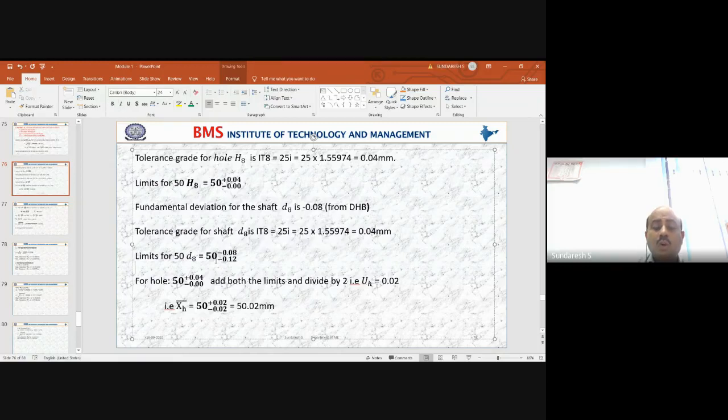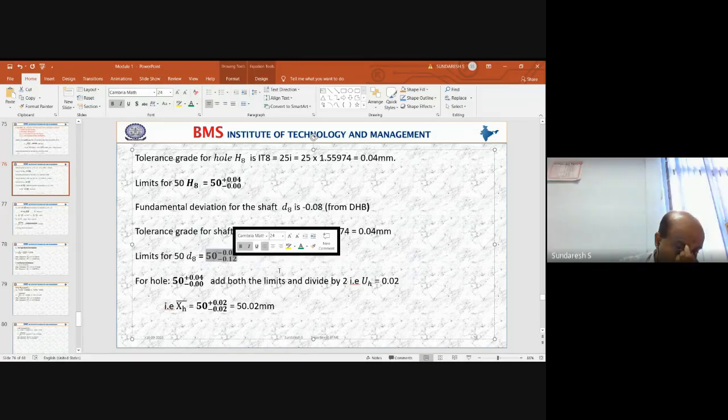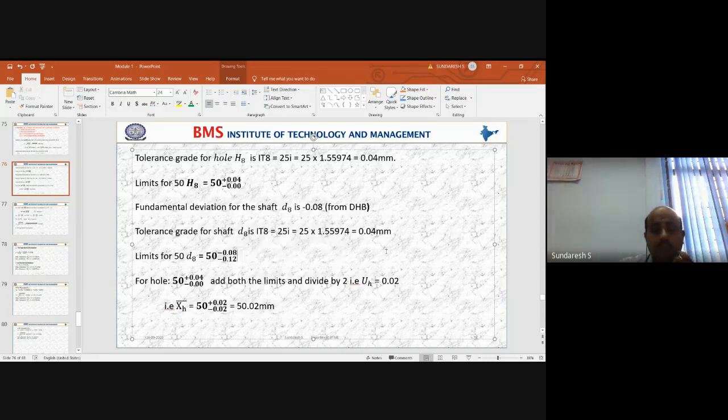And how did we get the lower limit here? Minus 0.012. Anybody can tell?